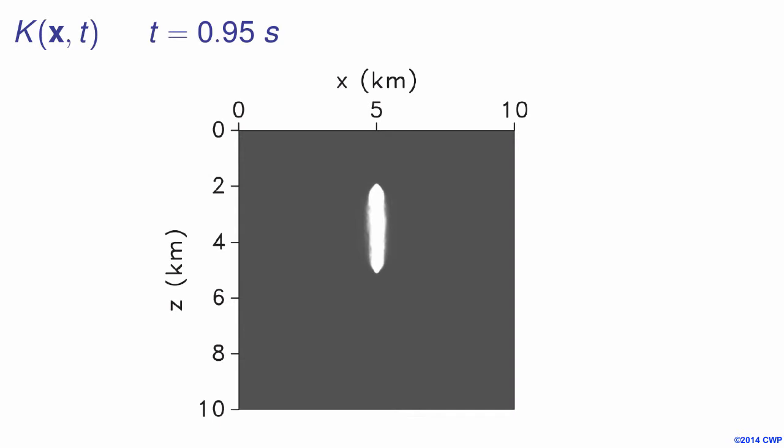But as you go later on in time, you have a spatial broadening of the kernel, and this kernel is bound by what I call the kernel front, which is dominated by contributions from single scattering. But within the kernel, we have contributions from higher orders of scattering, which constitute the coda part of our wave from the multiple scattering.